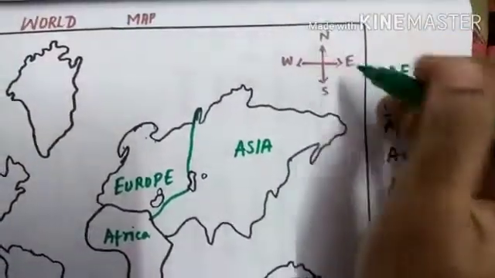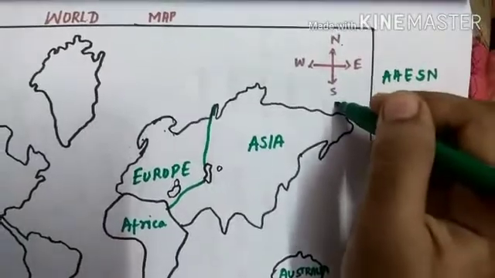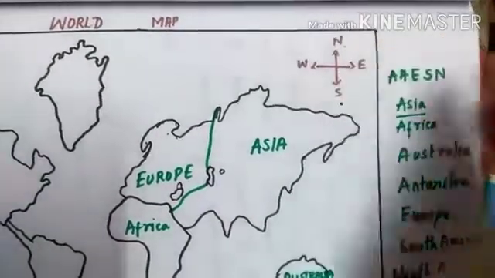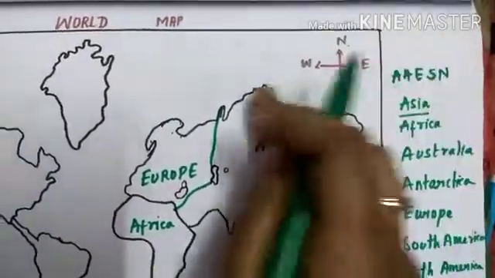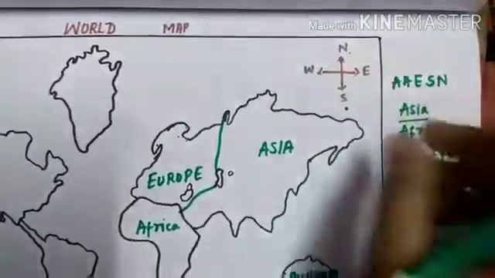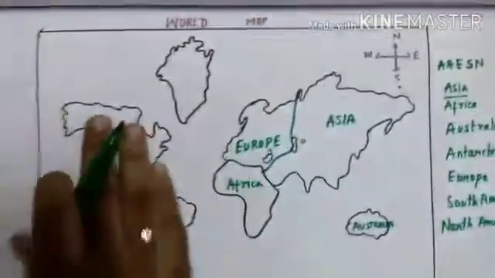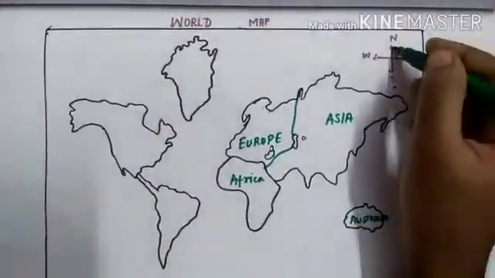The top part of the map is north, towards down it is south, towards your right it is east, towards your left it is west. By seeing this, you are able to mark the continents.